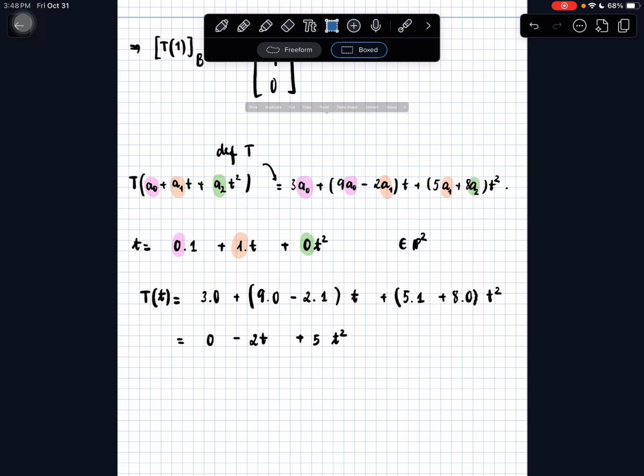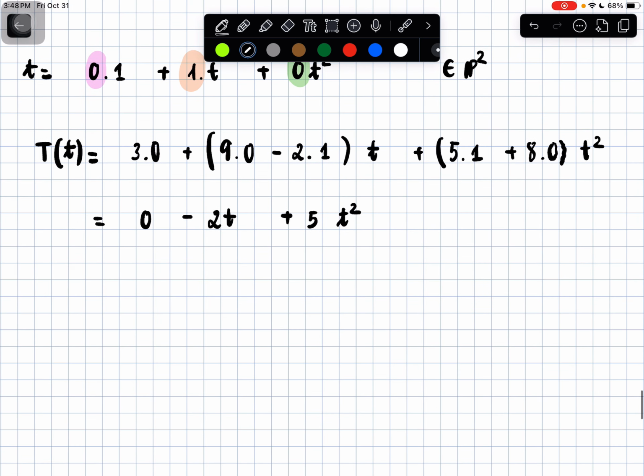So the coordinate of t relative to B is the column vector with the coefficients of 0 times 1, minus 2 times t, plus 5 times t squared, which is 0, minus 2, 5.